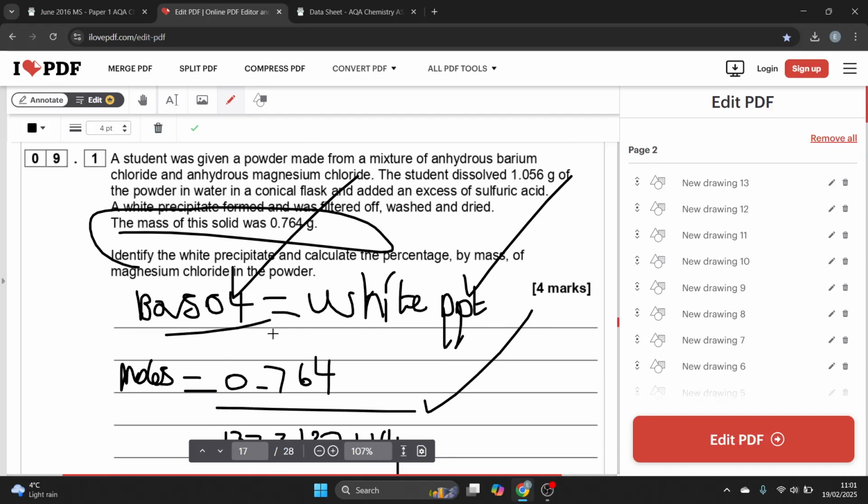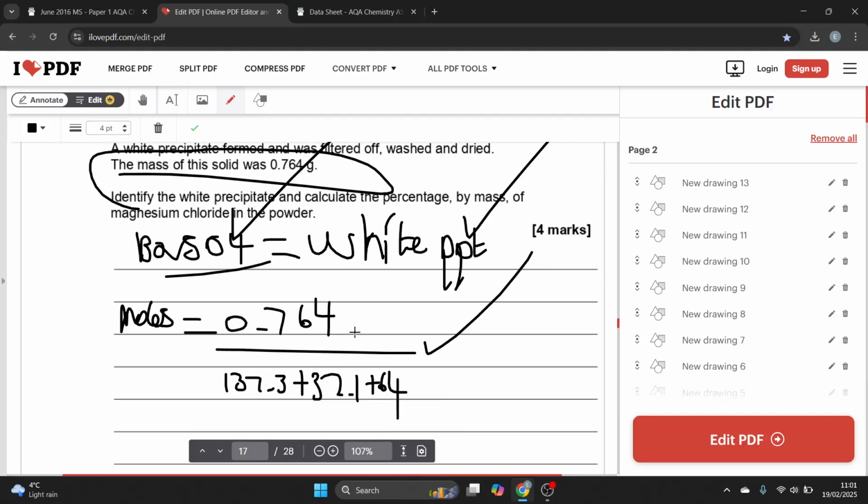The barium sulfate is going to have a 1 to 1 molar ratio with the barium chloride. So I get the moles of that, 3.27 times 10 to the power minus 3.